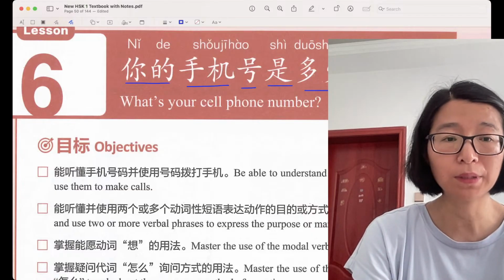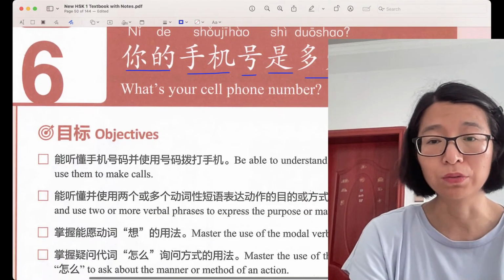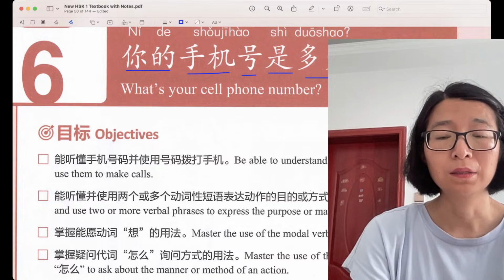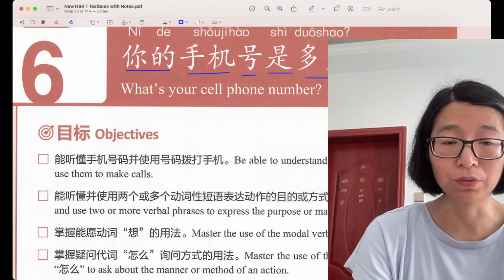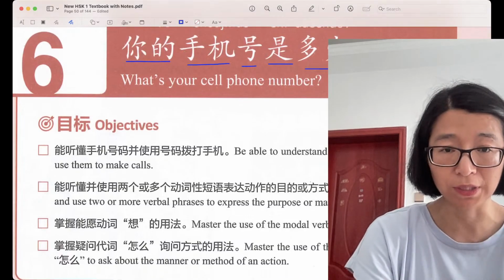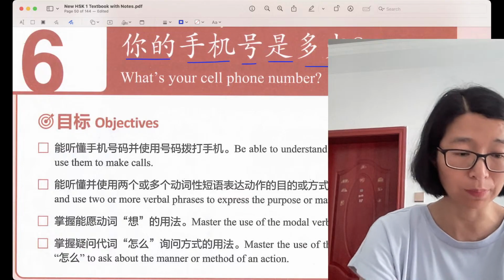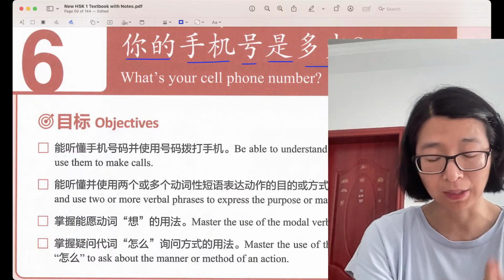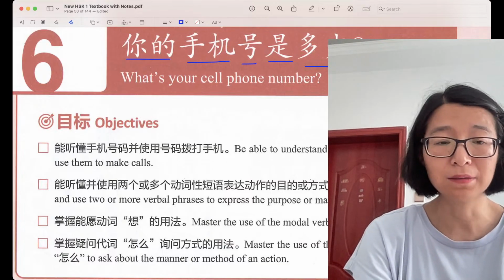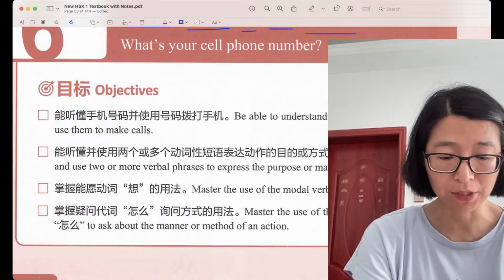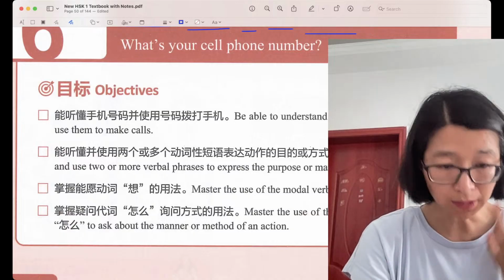So we're going to learn how to tell the phone number, how to ask and how to answer. We're also going to learn to understand and use two or more verbal phrases to express the purpose or manner of an action. For example, 我想要 do something. 想, I think someone mentioned this word last time, originally means think.